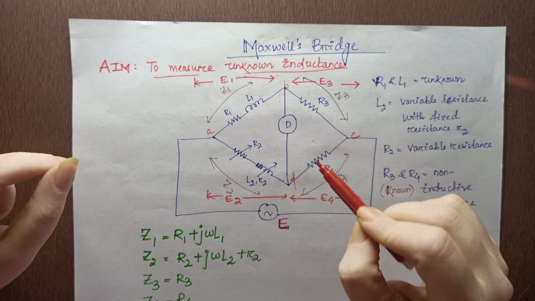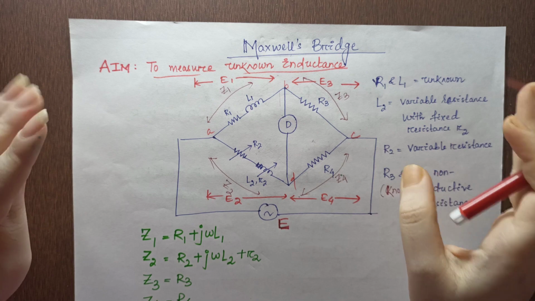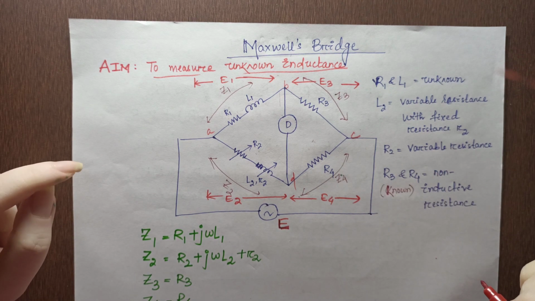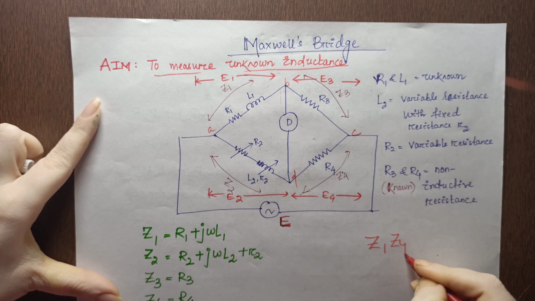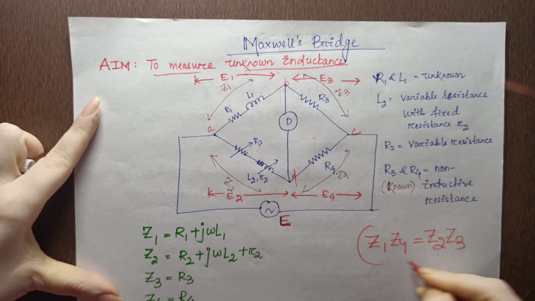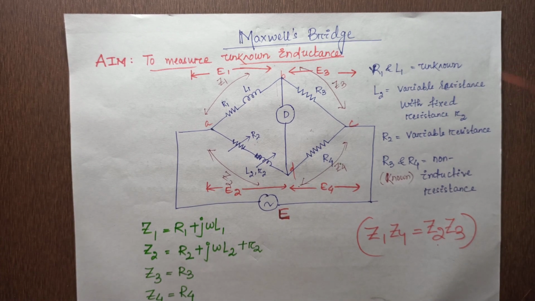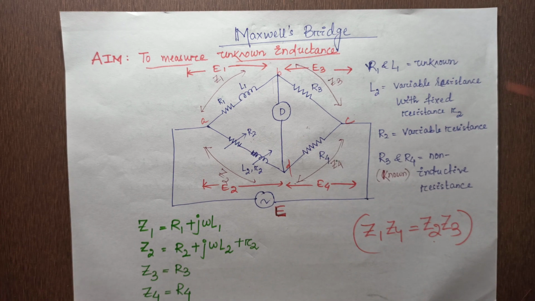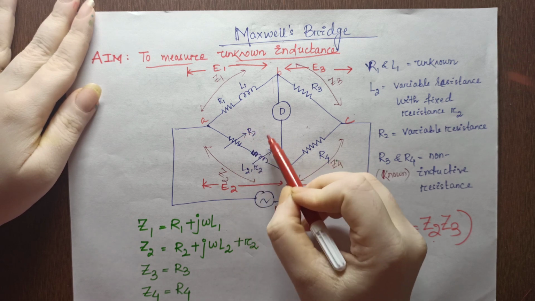At the instant the detector shows zero current, it means the bridge is balanced, and you know what the balanced bridge condition is, that is Z1 into Z4 is equal to Z2 into Z3. So this is our base. Now we will find out how to use this concept to calculate the value of L2 and R2.